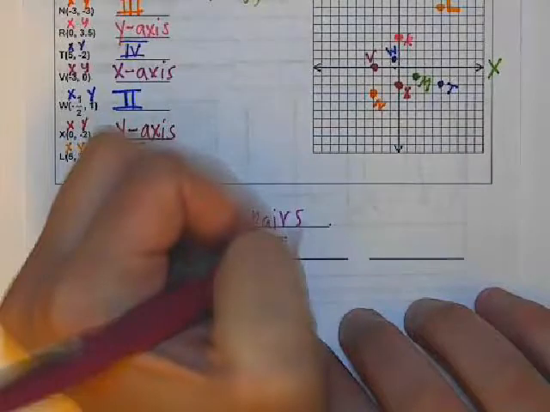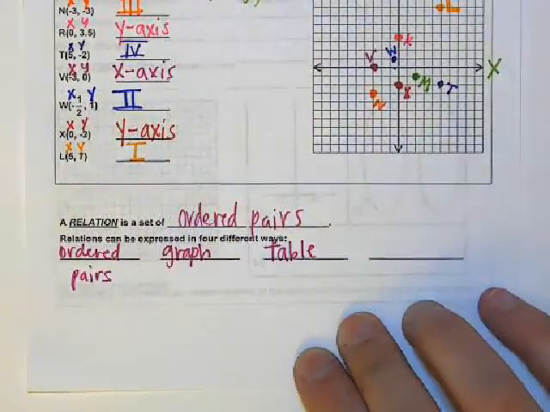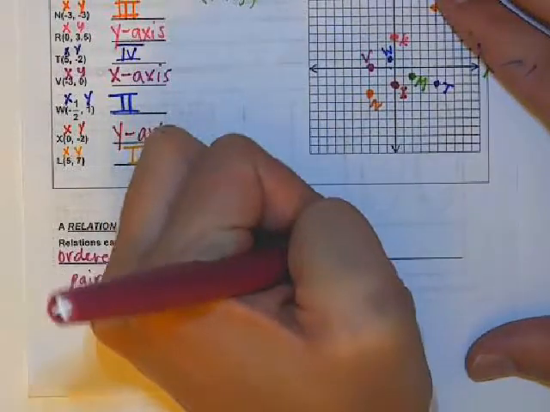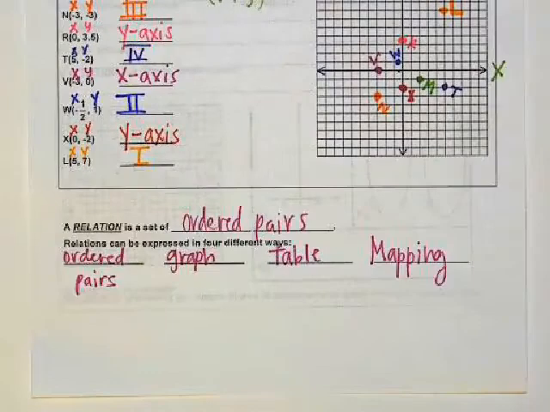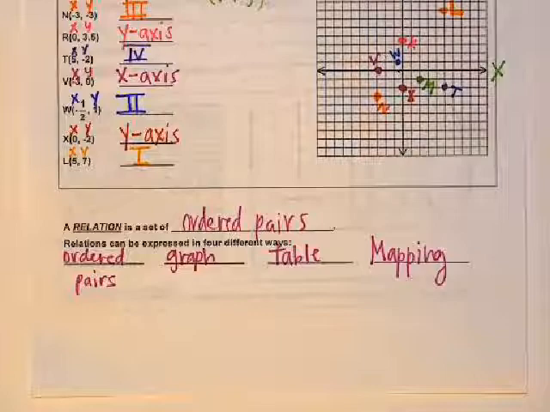It could be a table. It could be coordinates. And there's one new one that we're going to talk about today, which is mapping. Mapping. I think you may have talked about it, Nathan. Okay, like I said, today's kind of a review day. Make sure we know what we're doing before we move on.